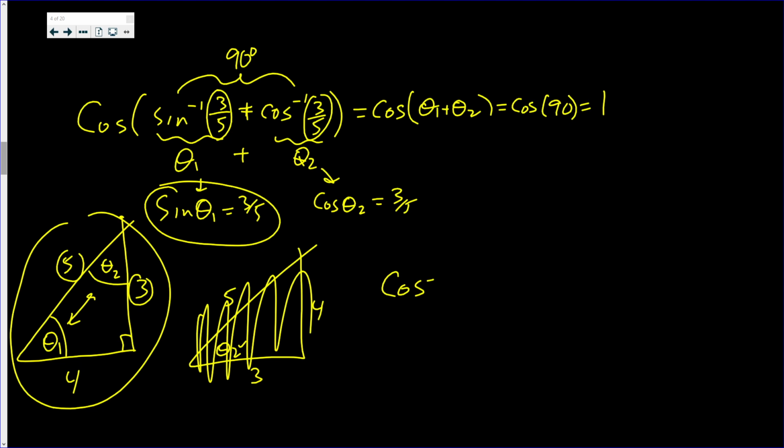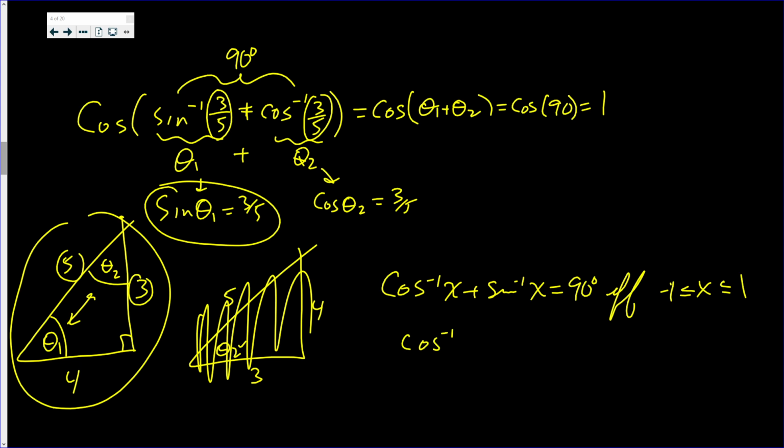The cosine inverse of x plus the sine inverse of x equals 90 degrees if and only if x is between -1 and 1. Okay?